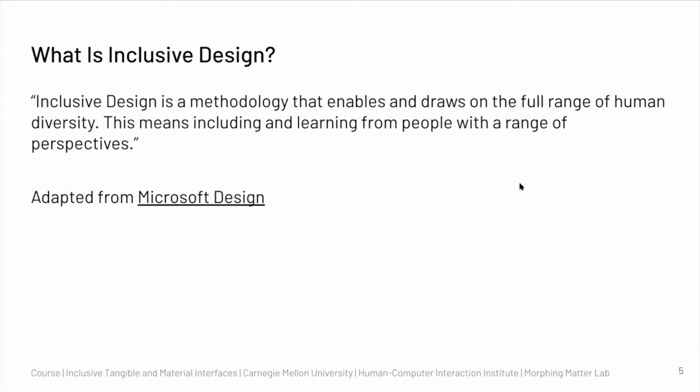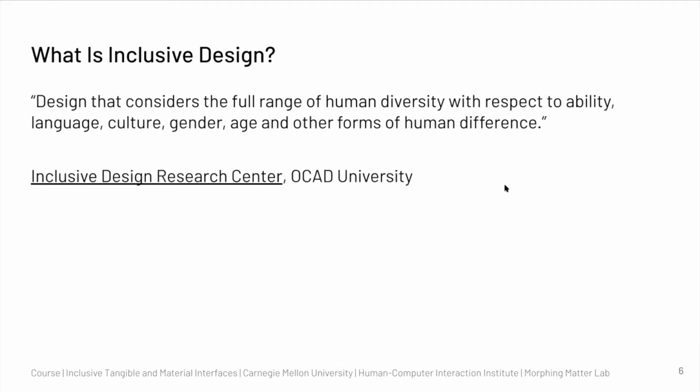This means including and learning from people with a range of perspectives. Similarly, another very renowned institute talks about design that considers the full range of human diversity with respect to ability, language, culture, gender, age, and other forms of human differences.